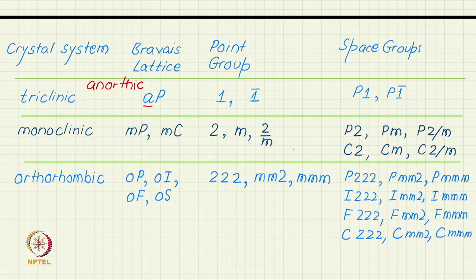S represents a general end centered, which can be either A, B or C. So, if we combine these 4 lattices, and in the orthorhombic system there are 3 point groups, 3 into 4, 12 space groups you generate here. So, the primitive lattice with these 3 point groups will give P 2 2 2, P m m 2 and P m m m, and so on.